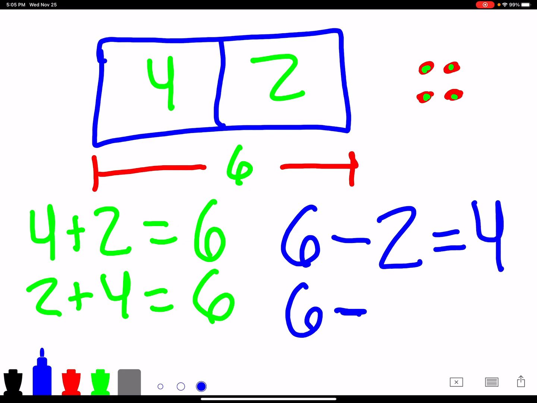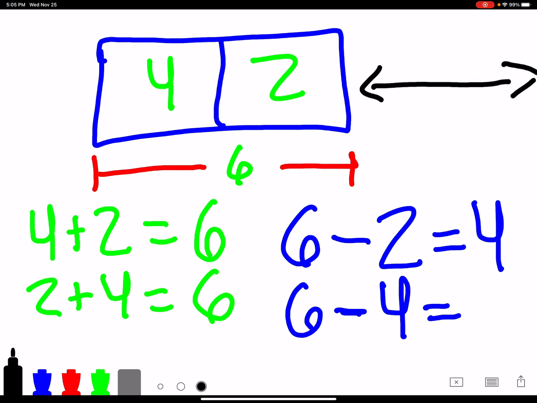And then in our next problem, we are going to use our other add-in, 4. 6 minus 4 equals what? We can use the same steps, or we can do the number line. So if we draw a small number line, 4, 5, and 6, okay?